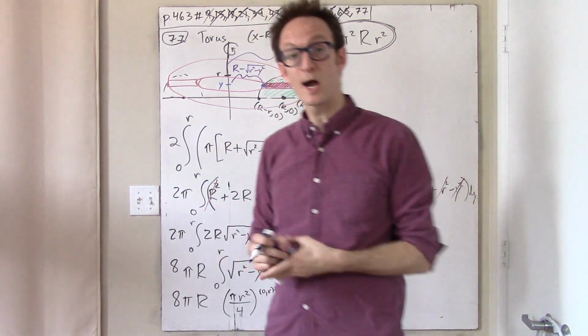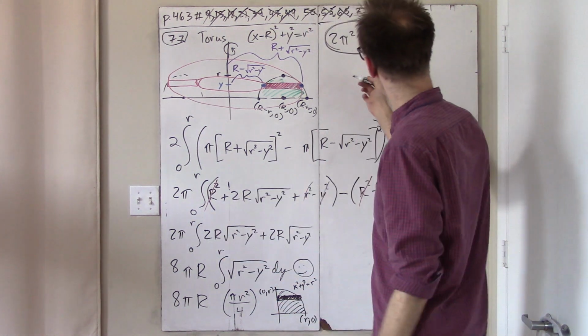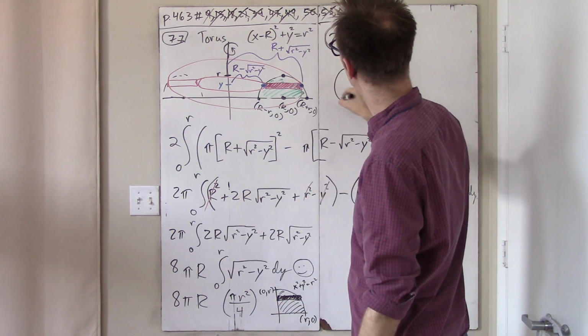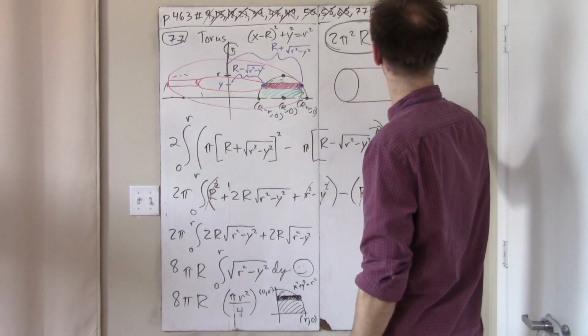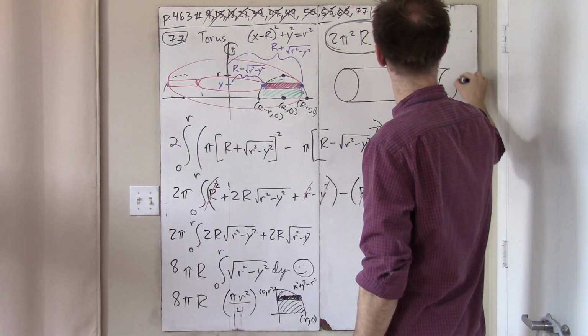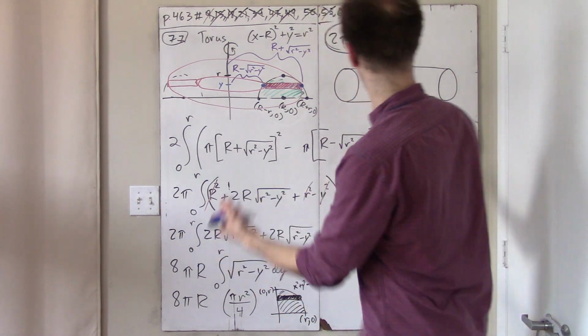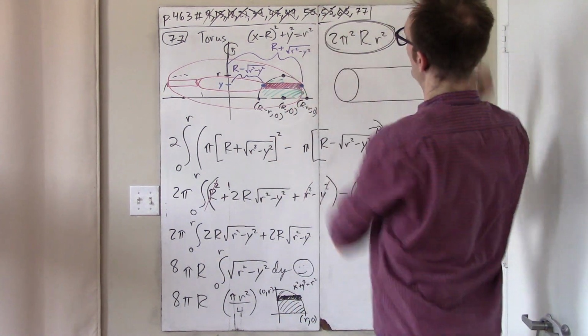Well, you start with a cylinder that's long enough that you get the dough all wet or whatever, and you just wrap it around and you make a torus.